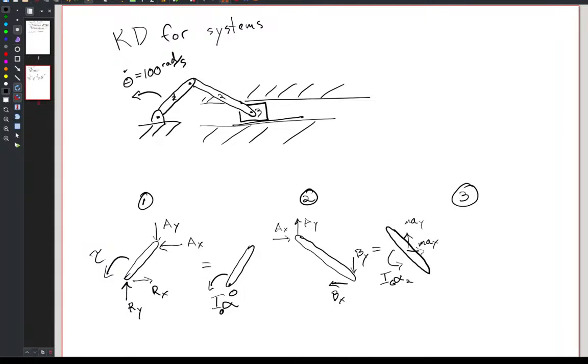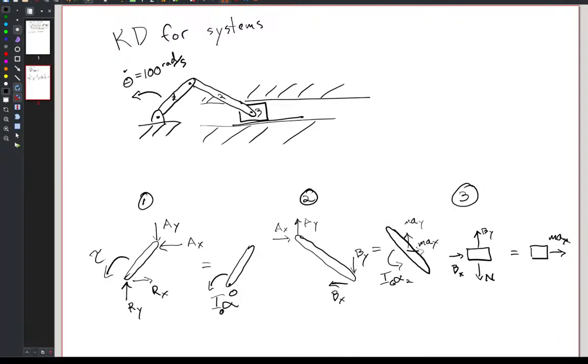And then the last one is the relatively easy one, because I can say there's a BX, a BY, some kind of normal force down, and then some kind of MAX.